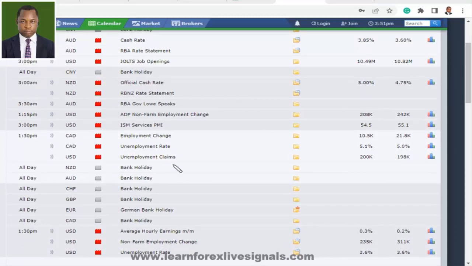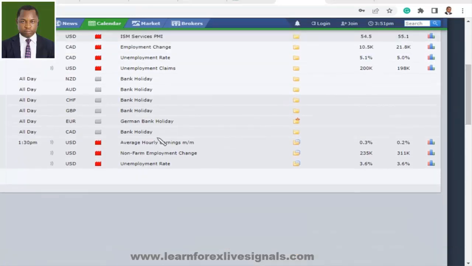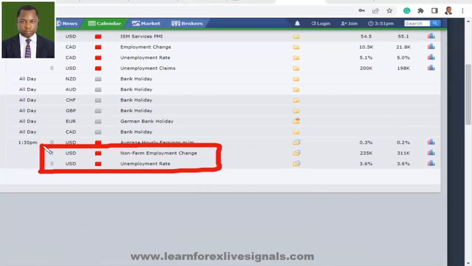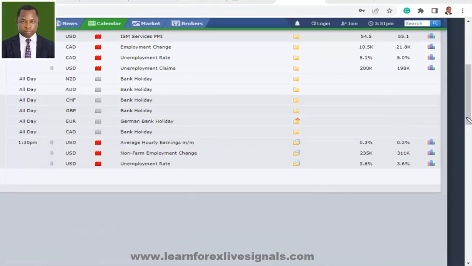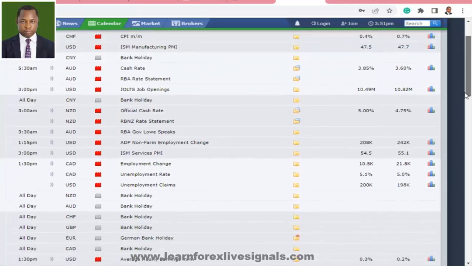Then we have the employment data for the Canadian dollar, and we also have the NFP, which is coming up on Friday, and that should be affecting the American dollar, right? So at any rate, you want to keep all of these high impact news announcements on your notepad.